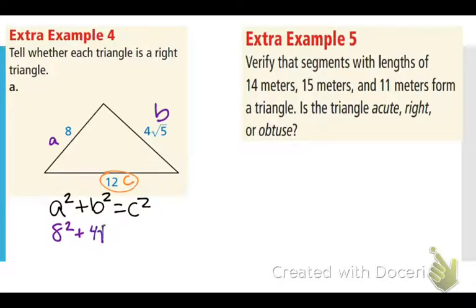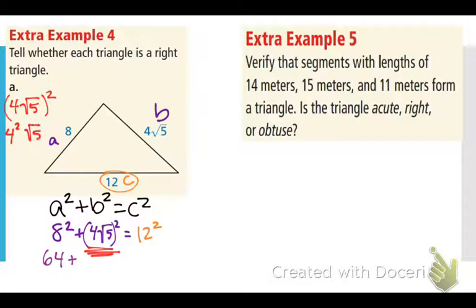So what do we need to make sure of when I go to square this? It's in parentheses, and the square is on the outside. Good. 8 squared is? 64. I'm going to take this off to the side. 4 square root of 5, squared. So the easiest way to do this is square the 4 and square the square root. What's happening between a number and a radical?